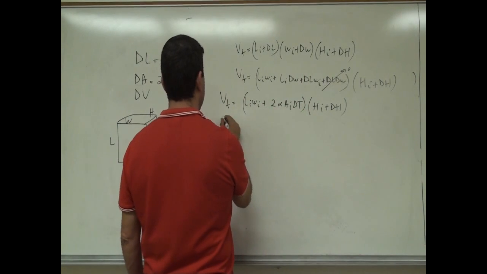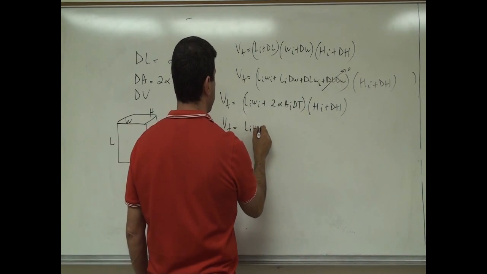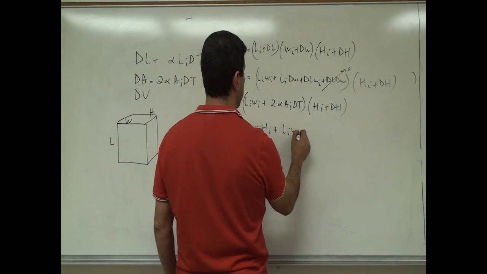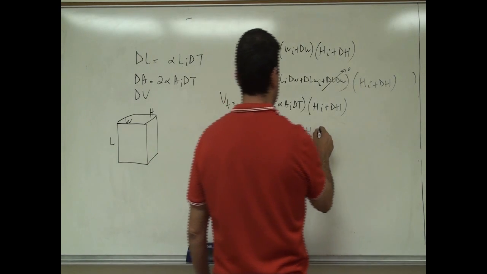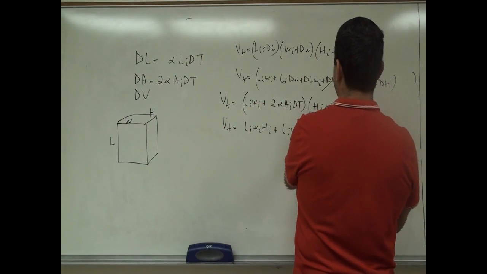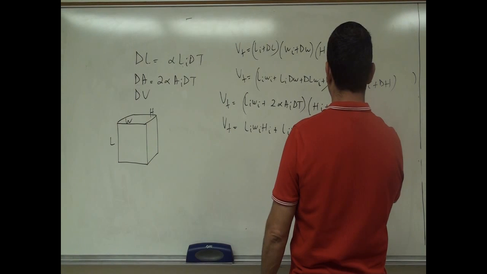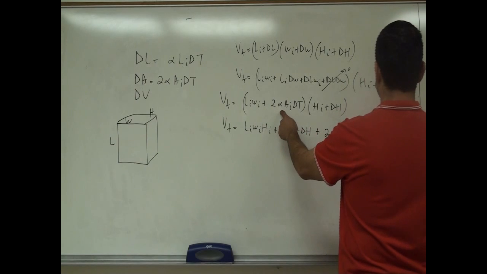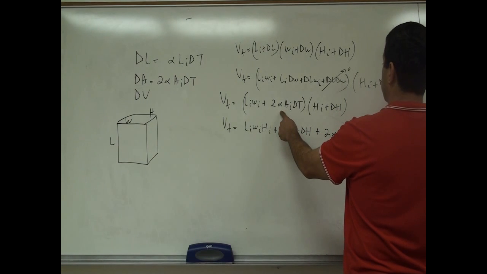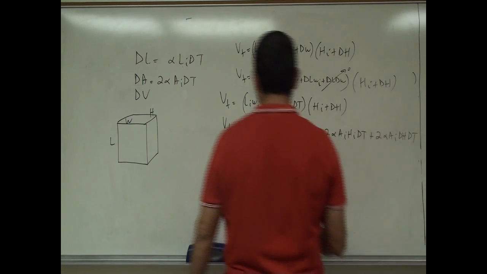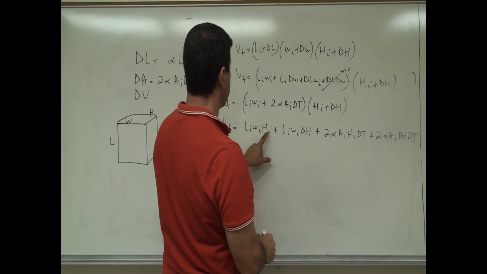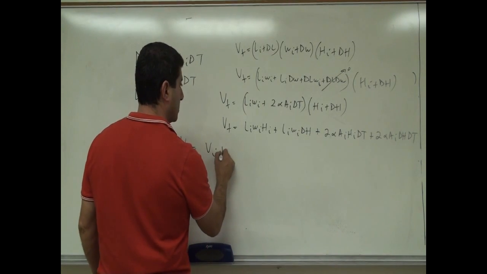Then distribute this in, we have V final: L initial, W initial, H initial, plus L initial, W initial, delta H, plus, then multiply this by this, 2 alpha A initial, H initial, delta T, plus 2 alpha A initial, delta H, and delta T, right? So V final is equal to what? L initial, W initial, H initial is the initial volume, right?